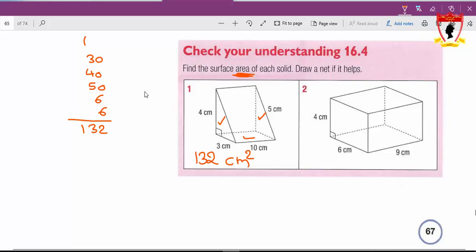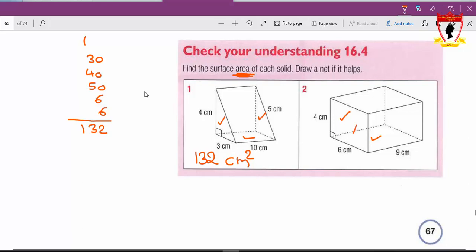How many types of faces are there? Look, the base is a rectangle 9 by 6, and the back or the front is another rectangle which is 4 by 9, and this side here is a rectangle 6 by 4.